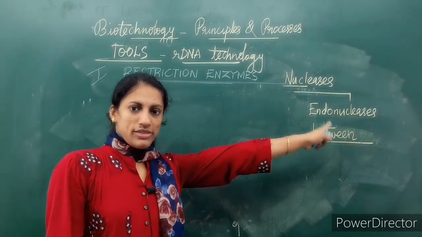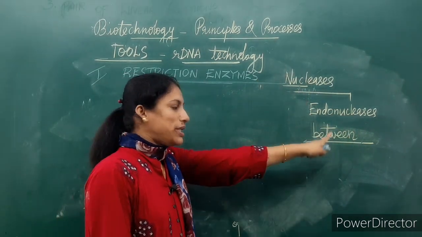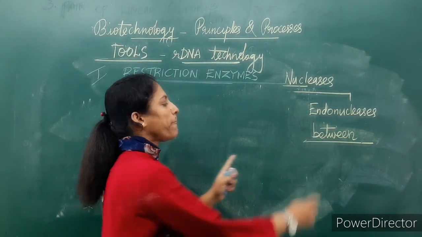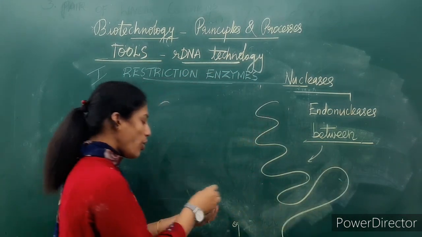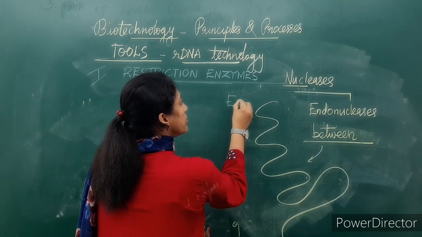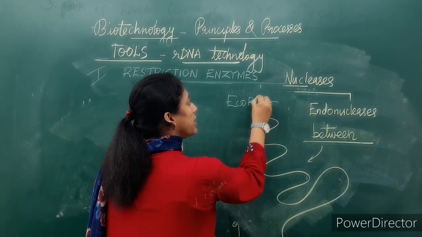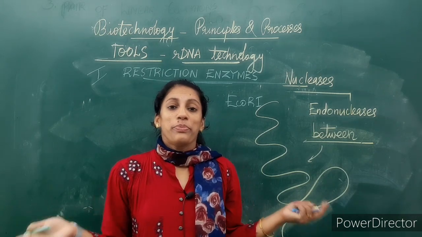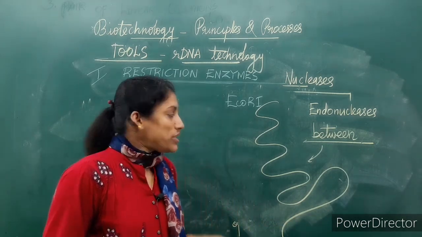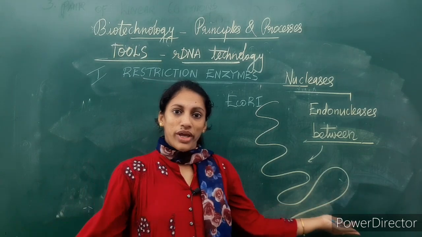Restriction endonucleases can cut the DNA in between. Suppose this is a DNA, and when EcoR1 is used to cut it, where does it make the cut? Is it possible to make cuts everywhere randomly?